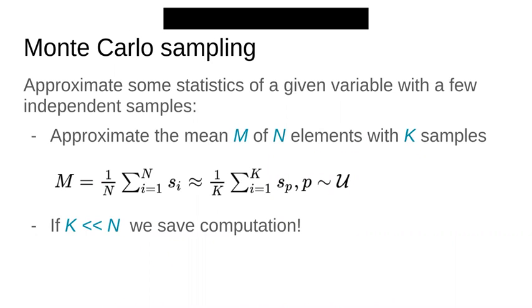For instance, we can approximate a mean of n elements with k samples. So instead of computing the entire mean with n elements, which has a computational cost of n, we sample in a uniform way only k elements. So we have to evaluate k elements instead of n. And if this k is much smaller than n, we can save computation.